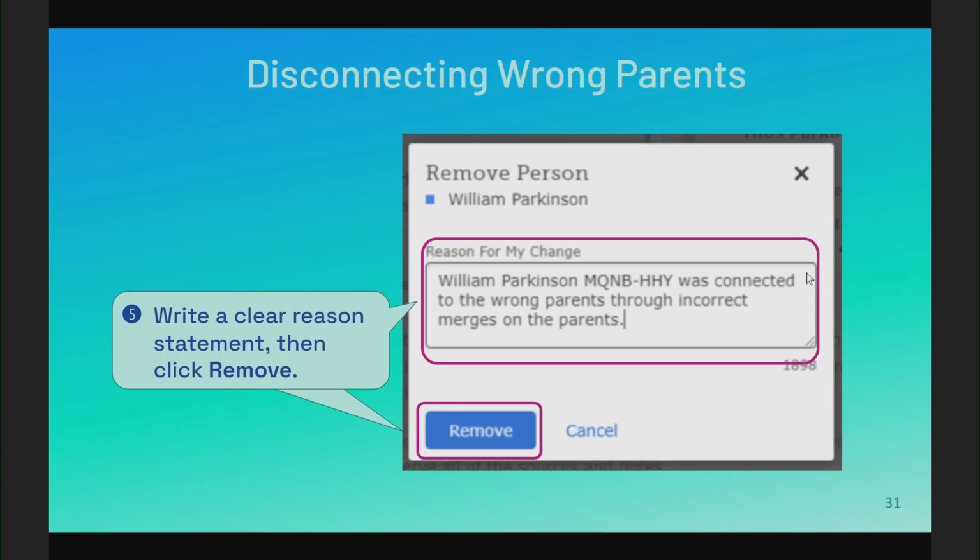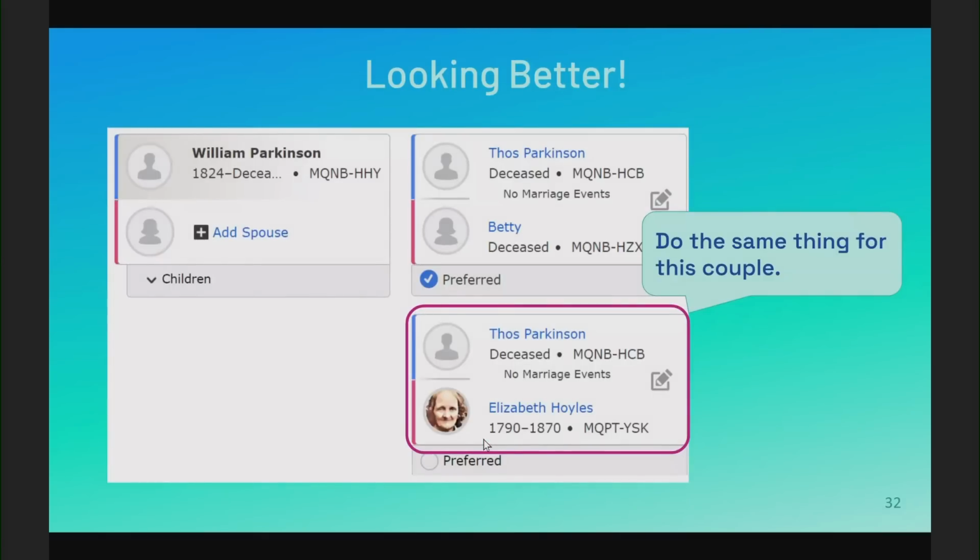And so in this case, I write a very simple reason statement just saying these parents were connected due to a wrong merge. And then if people want to look into it more, they can go to the change log. And this tells them it's due to a bad merge. So then hopefully they would realize they'd have to look at the merge history in the change log. So when you've written the reason statement, then you click remove and it's looking better.